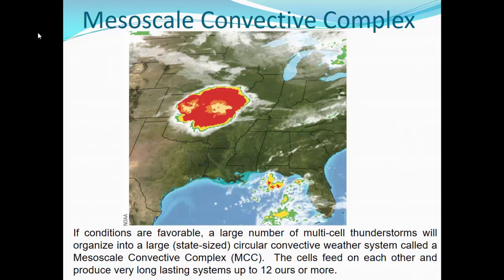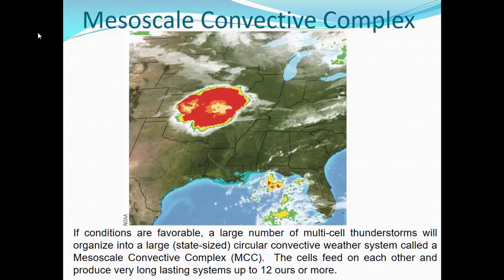The downdraft from one thunderstorm turns into the updraft of the next, and vice versa, and these clusters typically look circular, as you can see here. They are state-sized or even multi-state sized, and they can last for 6, 8, 10, 12, sometimes as much as 18 hours.